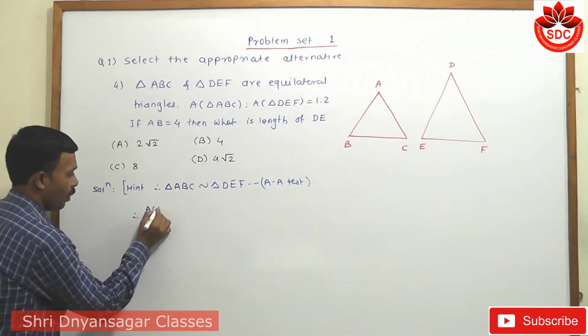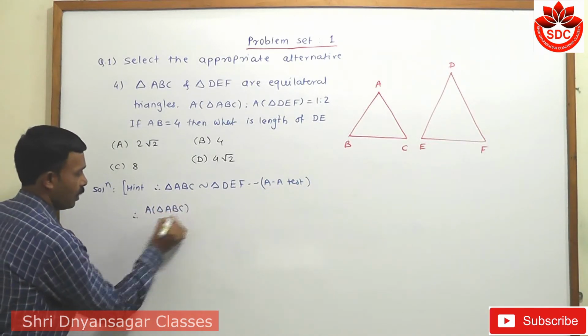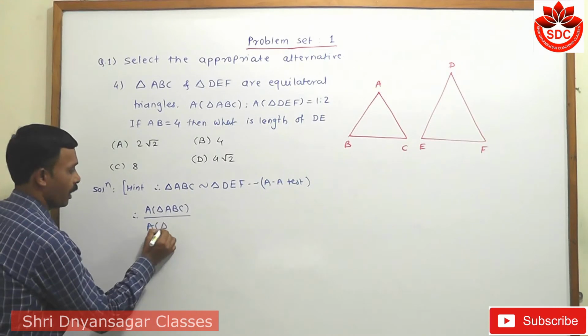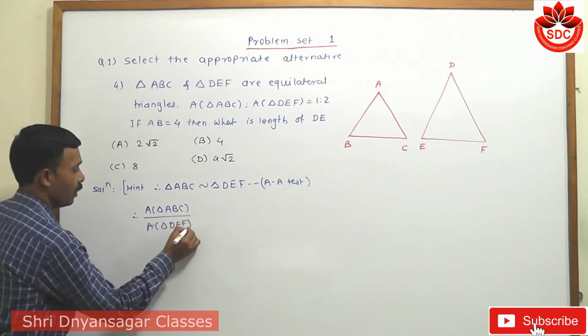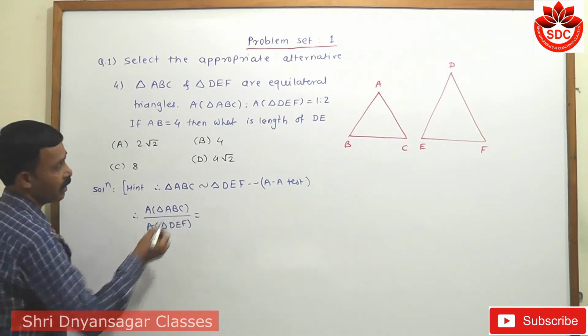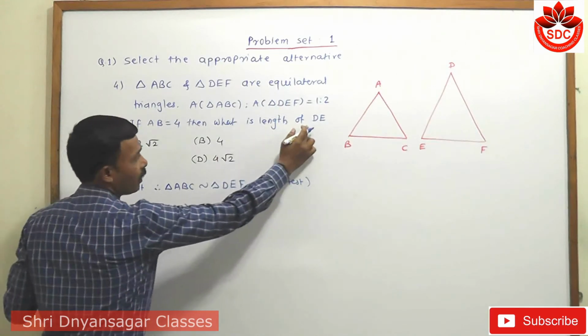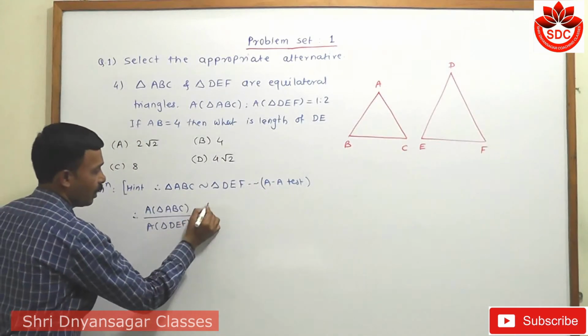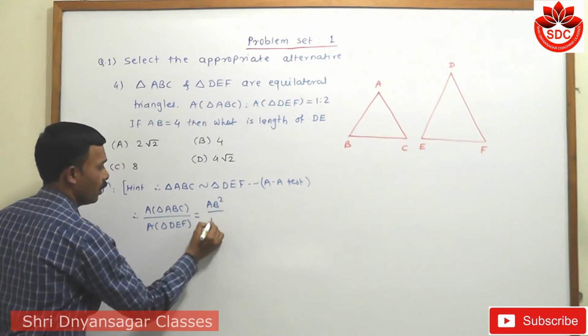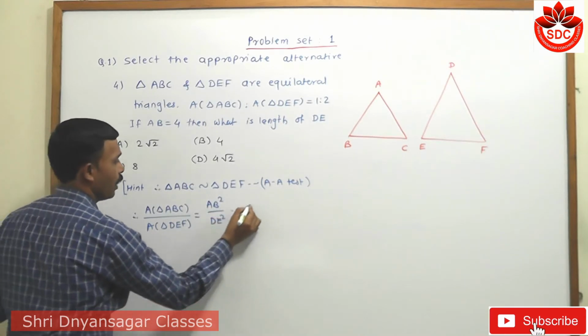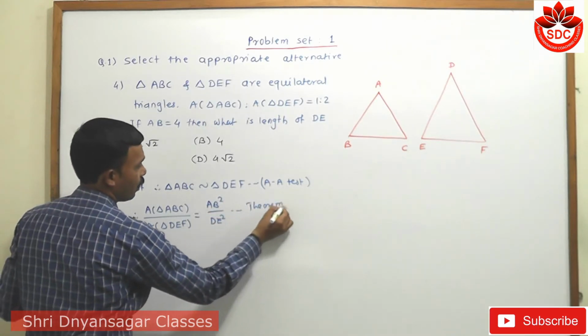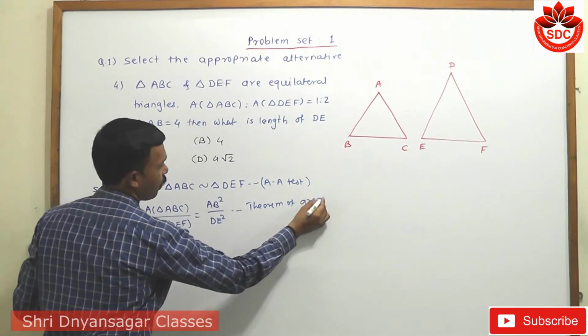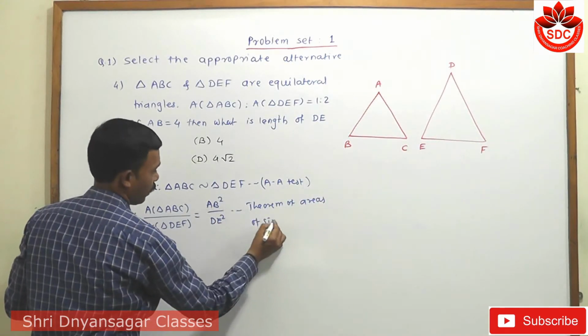Therefore area of triangle ABC upon area of triangle DEF is equal to the square of the corresponding sides. Here we want the answer for DE, so I take AB square upon DE square, by using the theorem of areas of similar triangles.